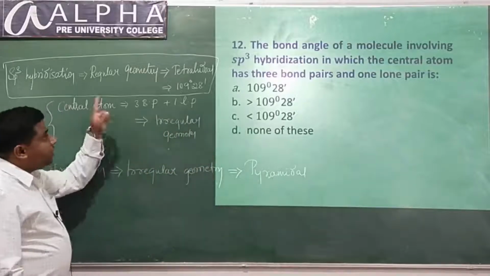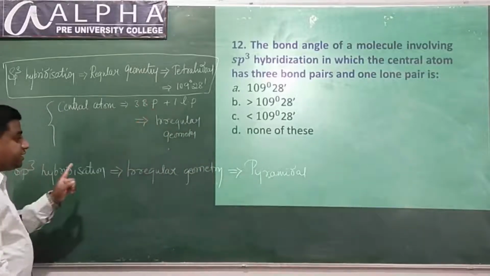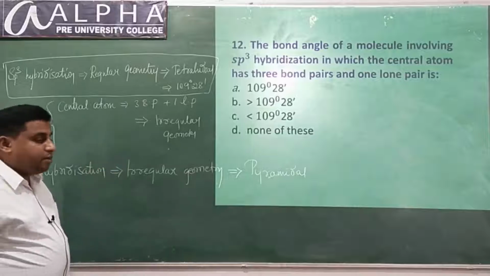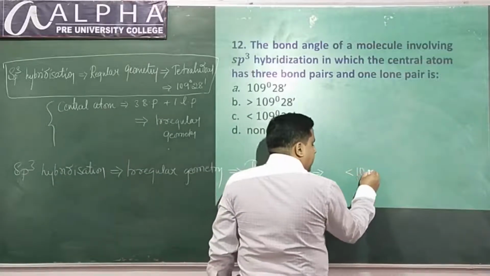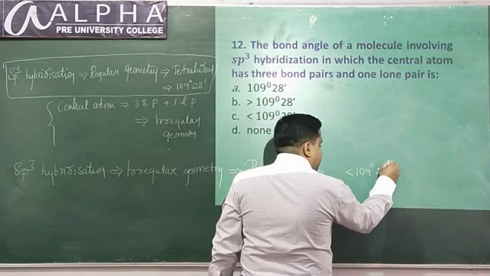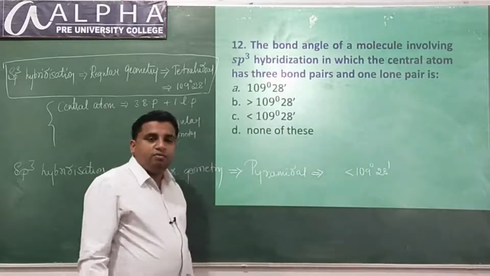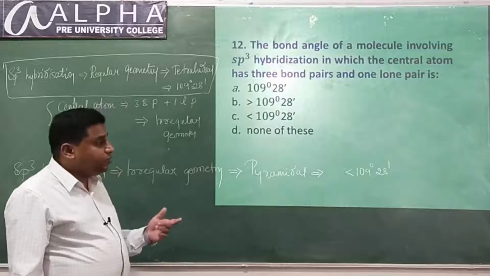If it is regular, tetrahedral structure. If it is irregular sp3, then it is pyramidal, and here the bond angle is less than 109 degree 28 minutes.